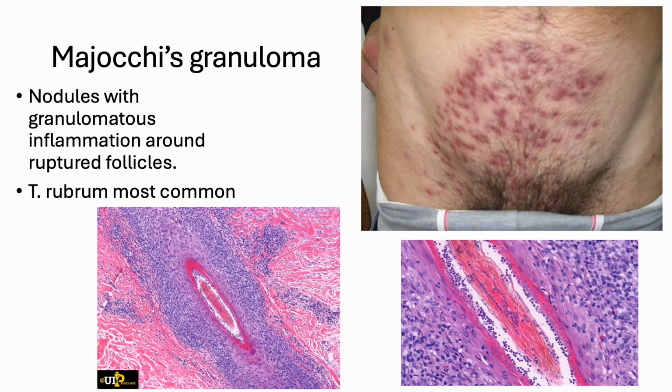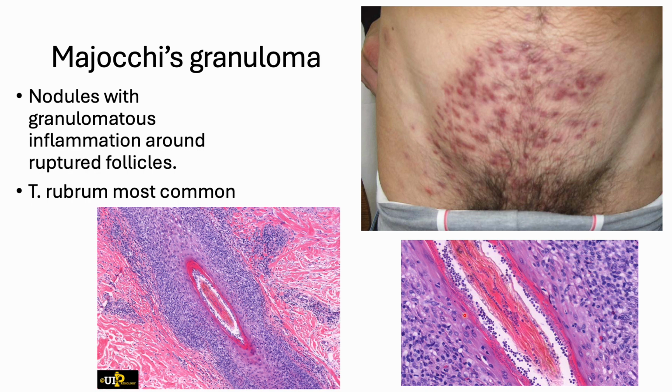There is a very interesting type of fungal infection, which is called Majocchi's granuloma. The name has granuloma, but in fact it is a fungal infection. Histologically, you can see there is a hair follicle, and when we zoom in, we see lots of spots inside of the hair shaft. Clinically, with this histologic change, you can have two types of disorder.